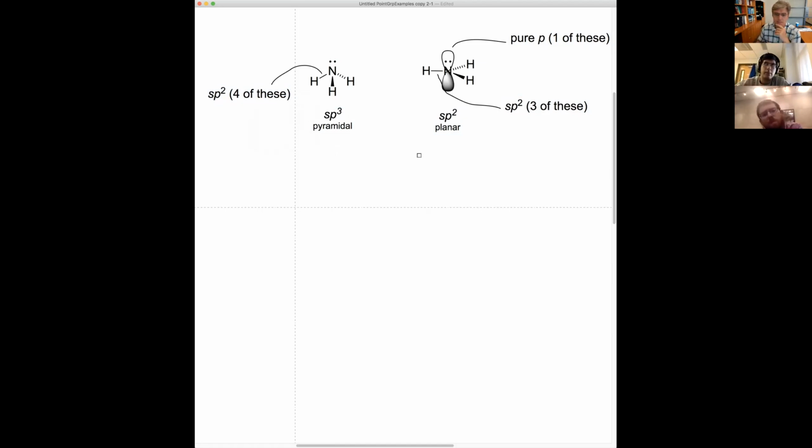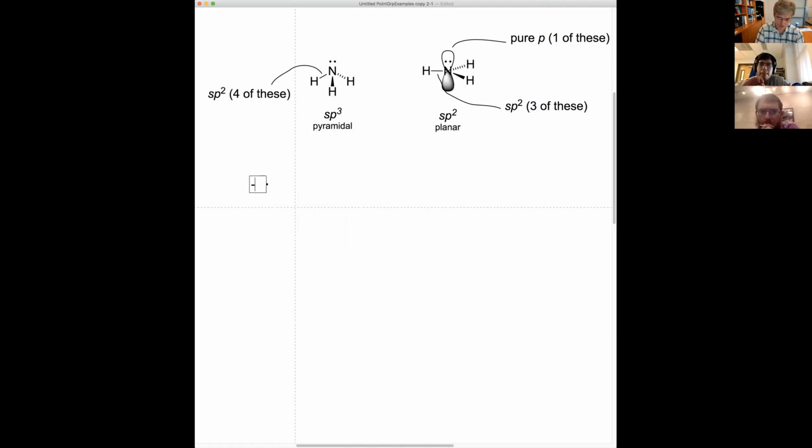Any thoughts about that? Maybe the sp3. So to answer this, you need to know which lone pair is higher in energy.